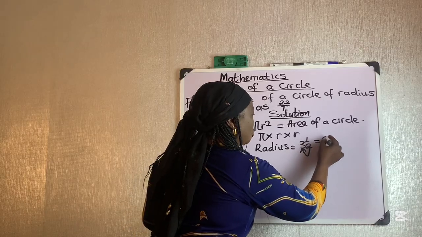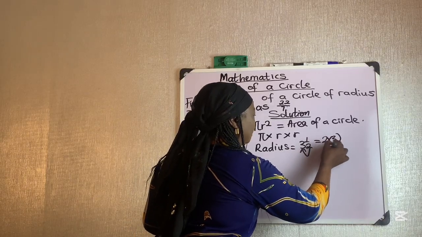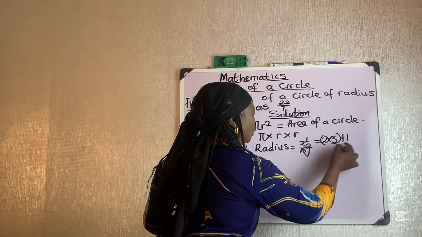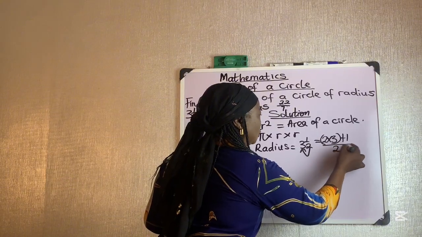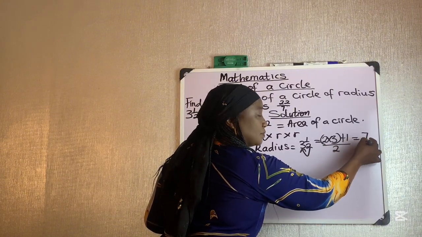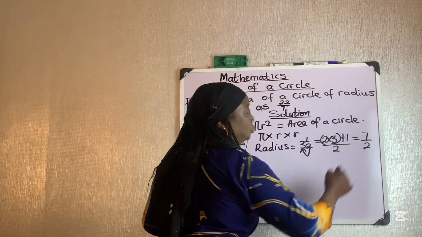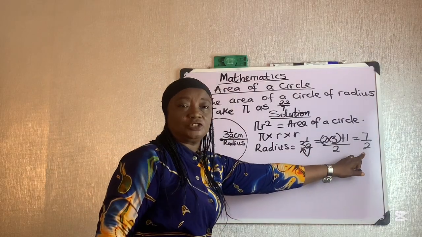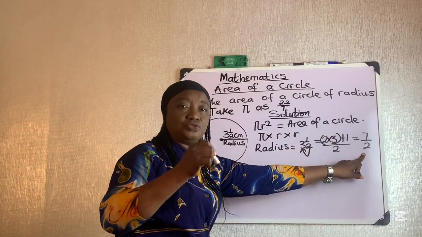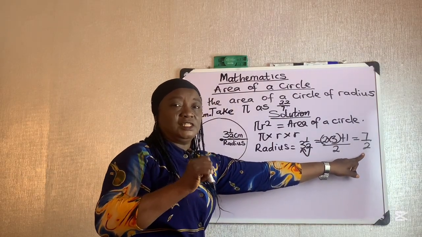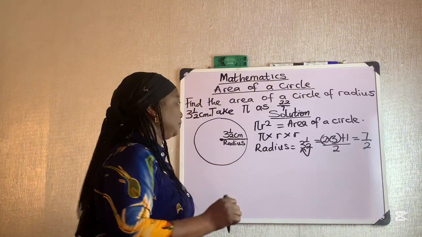That is 2 times 3 plus 1 over 2, which will give me 7/2. This is the improper fraction that I will use to substitute r in finding the area of this circle.